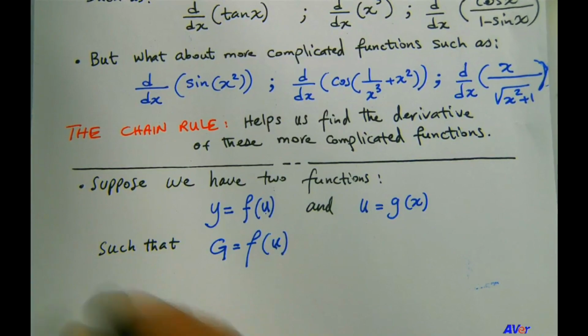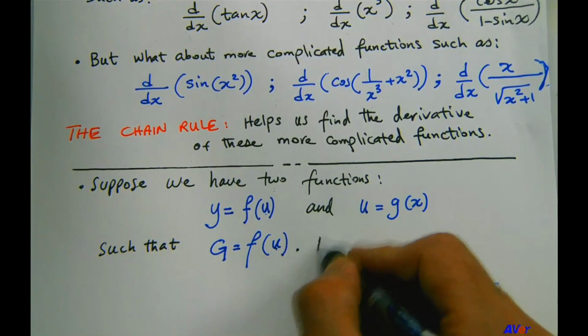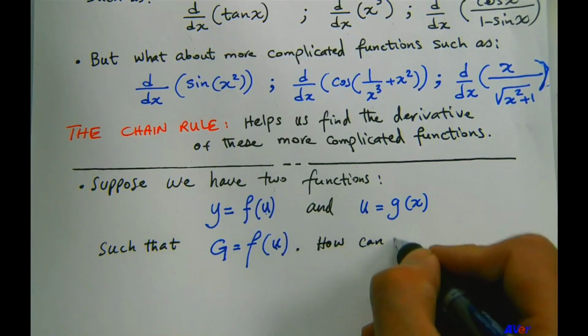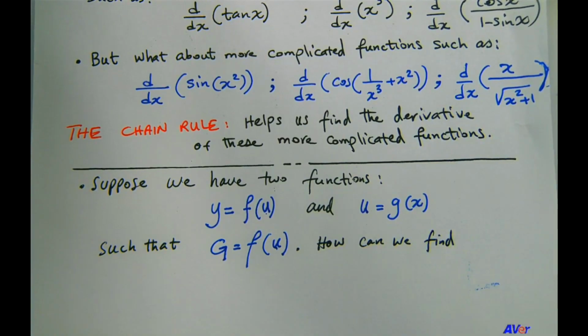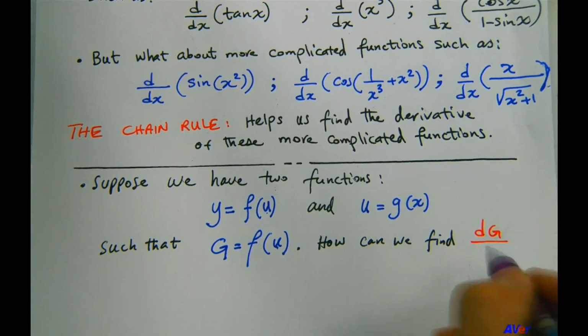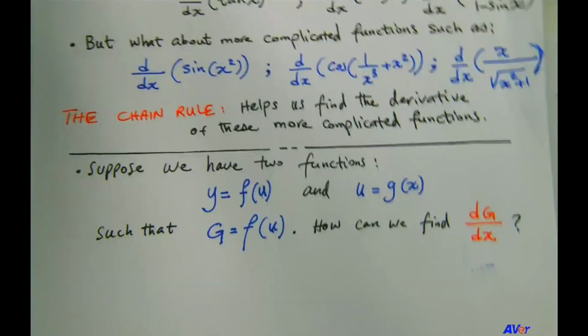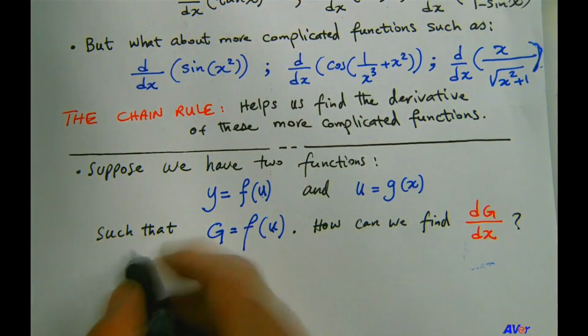So according to the chain rule, how can we find the derivative of function G with respect to variable x? That's the question. According to the chain rule, this is what we can do.